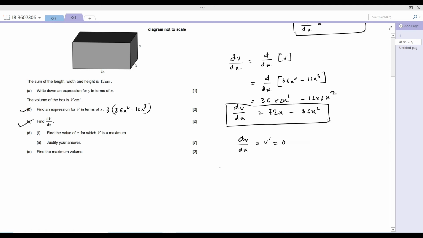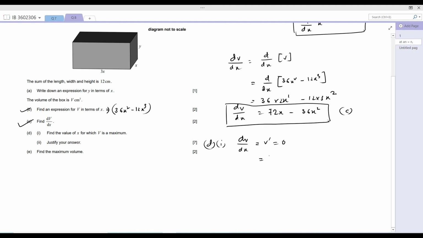This is part C, and for D we are trying to find the result. So dV/dx, which is V dash, equals 0 gives the critical points, and maxima, minima and inflection points are all in the critical point region. So we need to set dV/dx equal to 0.